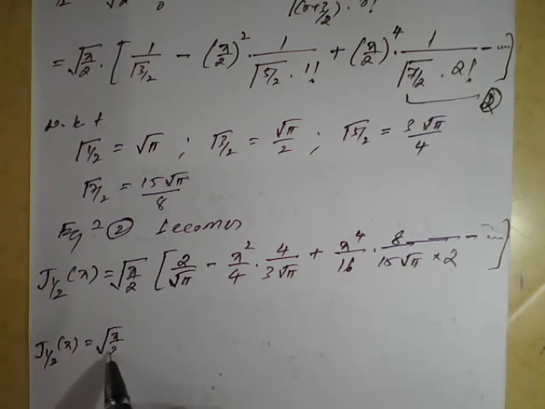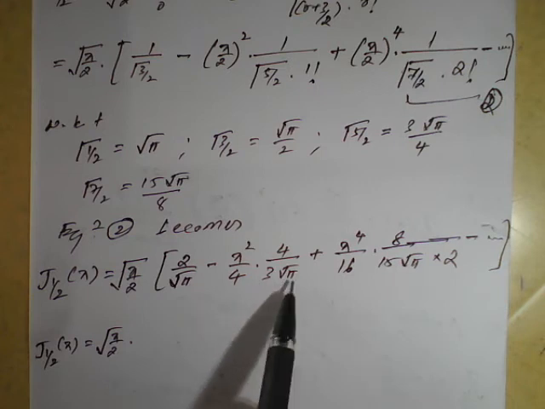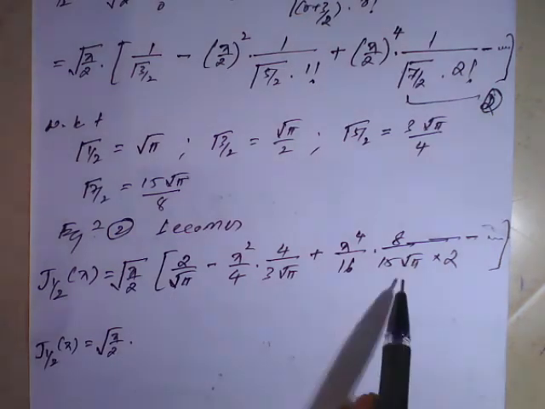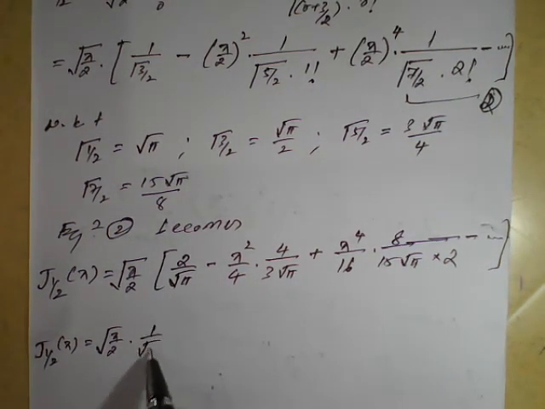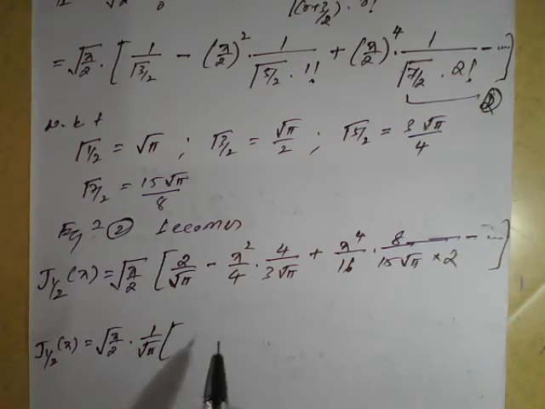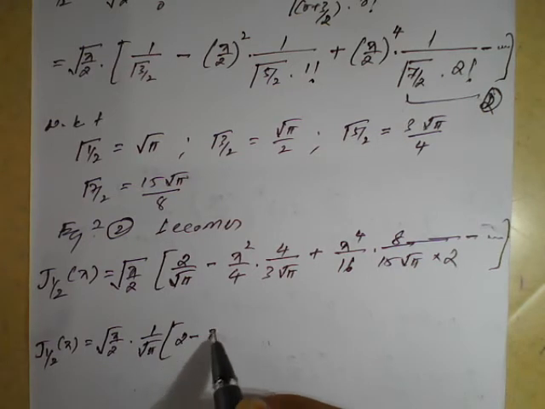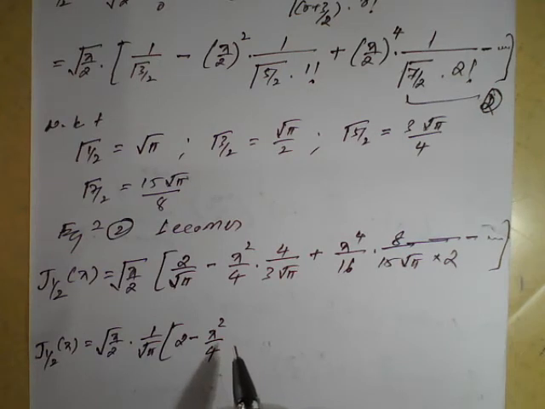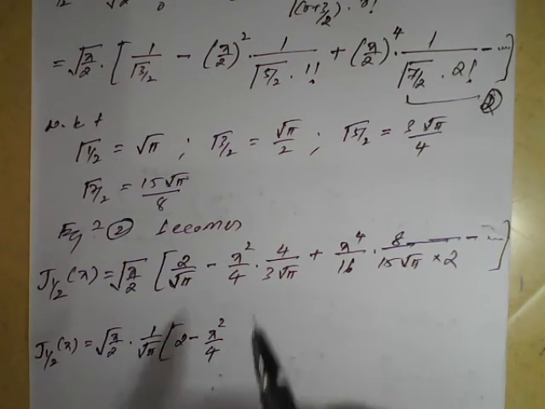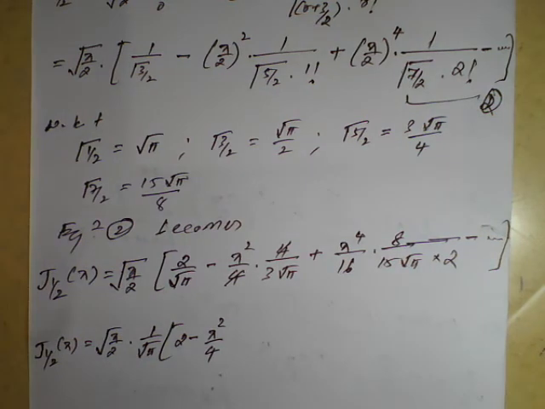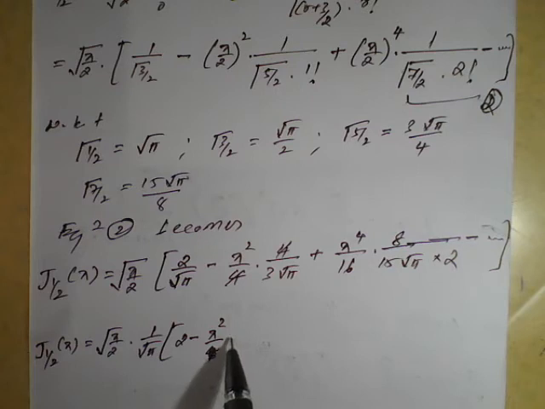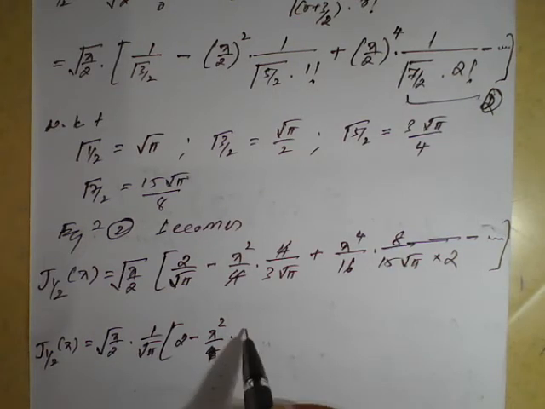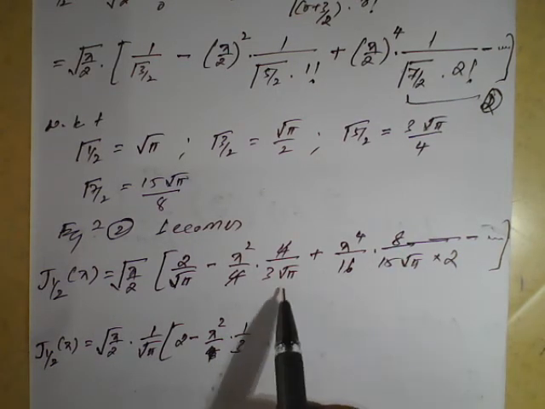root x upon 2. Among this you can observe 1 upon root pi, 1 upon root pi, 1 upon root pi. I will take 1 upon root pi common. So what is left inside here: 2 minus x square upon 4, or else this 4 cancels, so this 4 will not come, x square into 1 upon 3, this root pi is out.